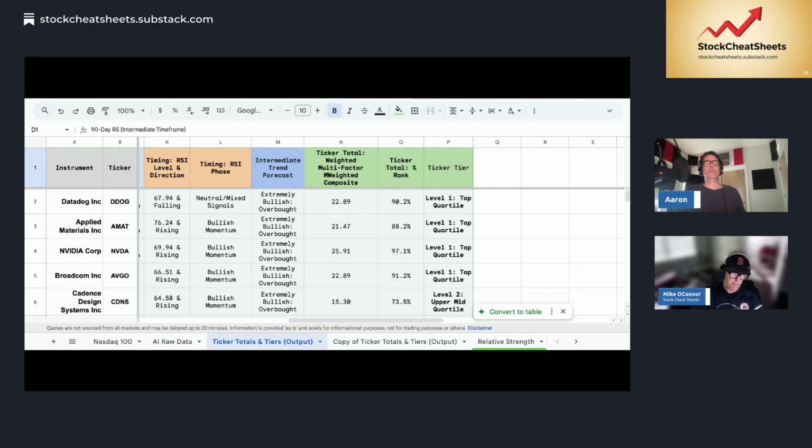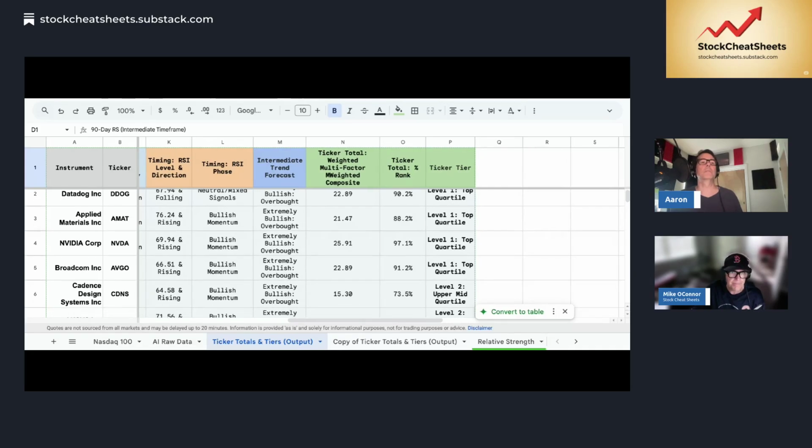You've got to go look at the chart, but this would immediately draw your eye to Datadog, where I might be long a call on this one. I might be very profitable, and I might think there's still room for this to go higher, but it looks like it might roll over in the short term. This might be a good place to sell a covered call, or leg into what would essentially be an in the money diagonal if you're a more advanced option trader.